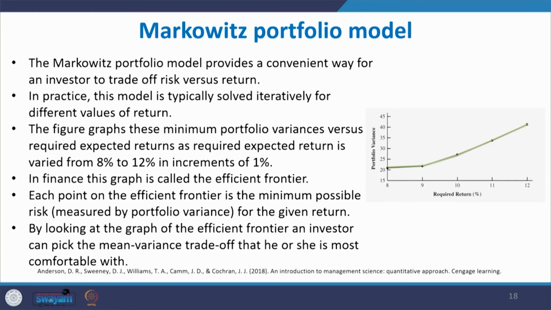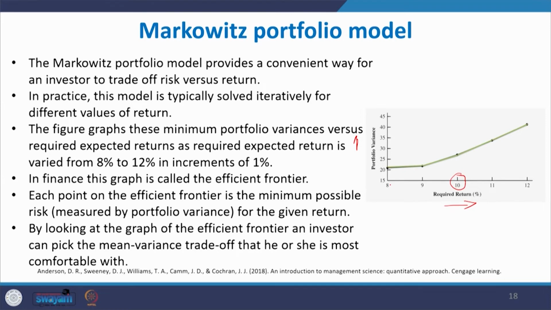The Markowitz model provides a convenient way for an investor to trade off between risk and return. So, on the x axis I have taken return, on the y axis I have taken portfolio variance. We have solved this problem for 10%. So, what we can do is vary these values, starting from 8 to 12.